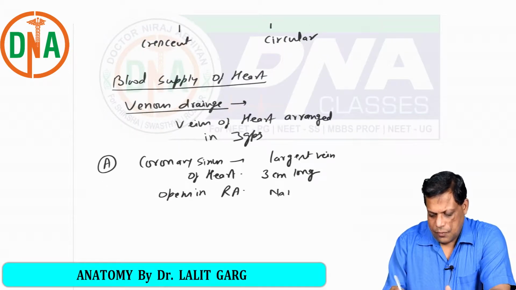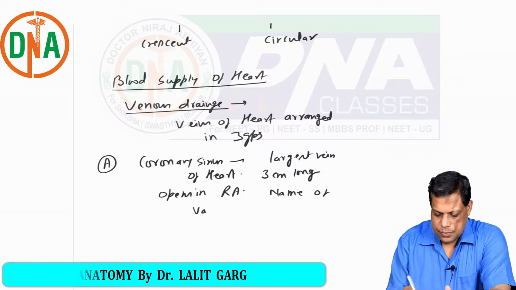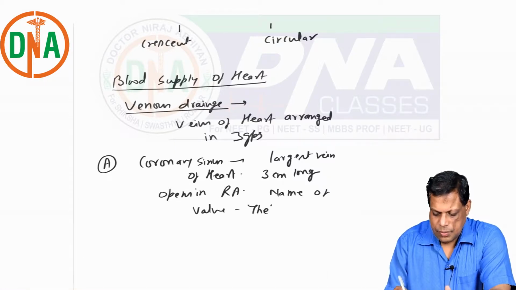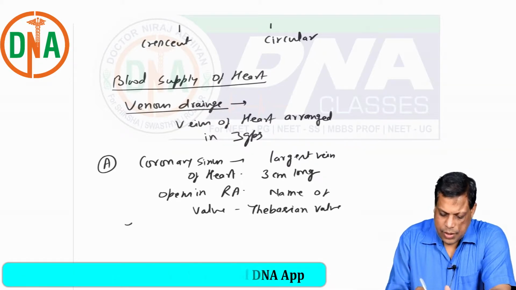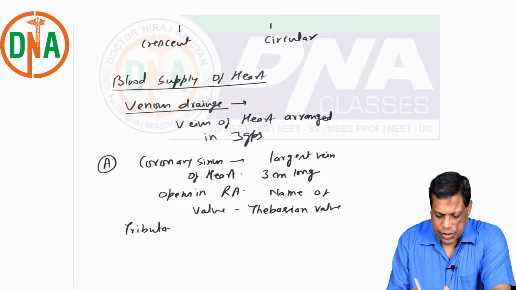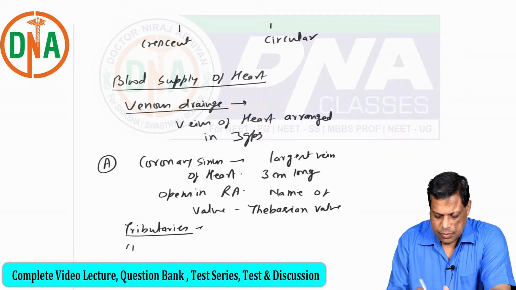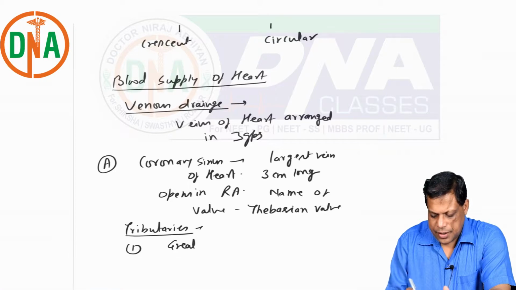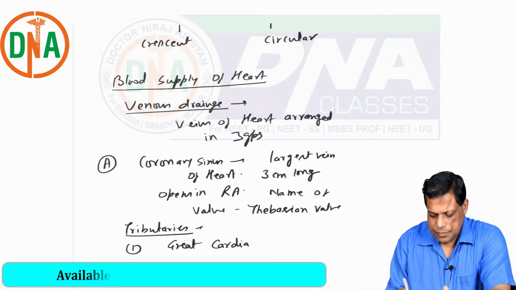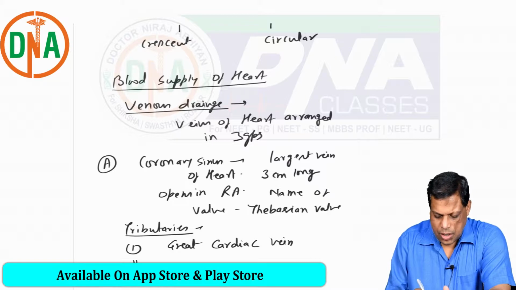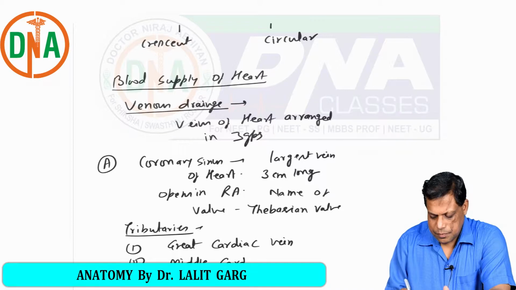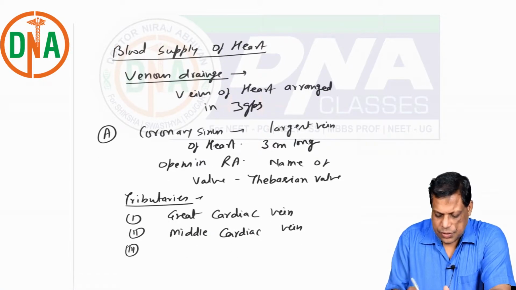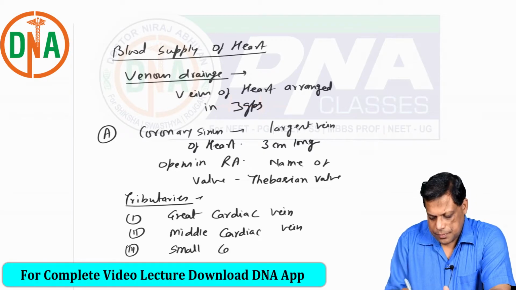The name of the valve is the Thebesian valve. It has tributaries. What are the tributaries of the coronary sinus? Number 1, great cardiac vein. Number 2, middle cardiac vein. Number 3, small cardiac vein.